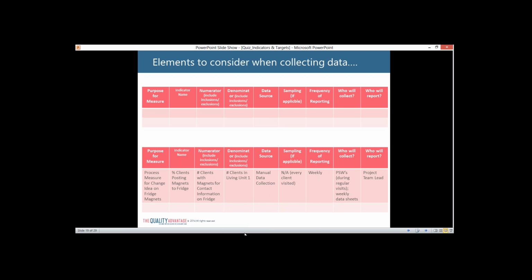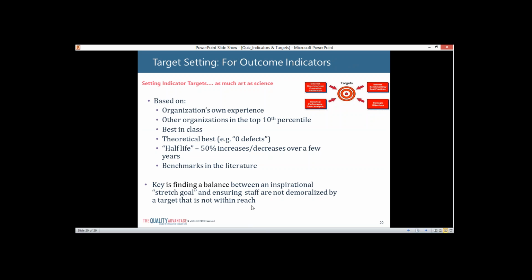So let's move on to target setting for indicators. You'll notice that at the top of this slide, it indicates target setting for outcome indicators. We're going to talk about process measures next, but all of the rules, or all of the guidelines, I should say, on this slide for target setting relate only to outcome indicators.